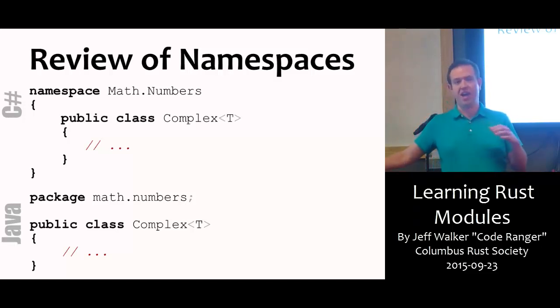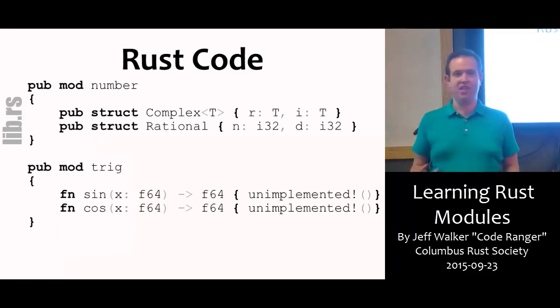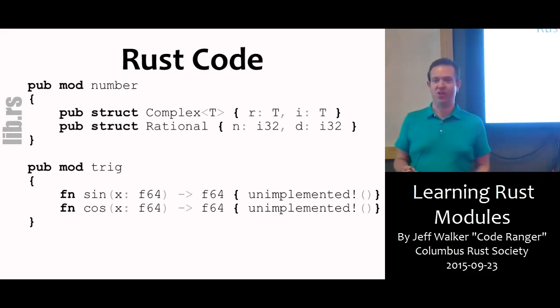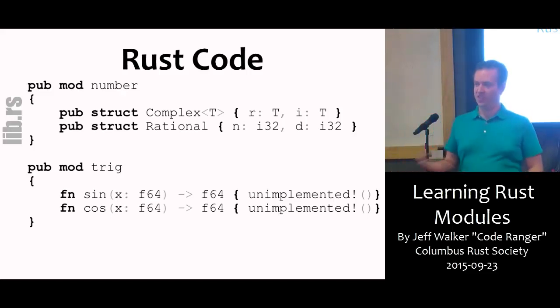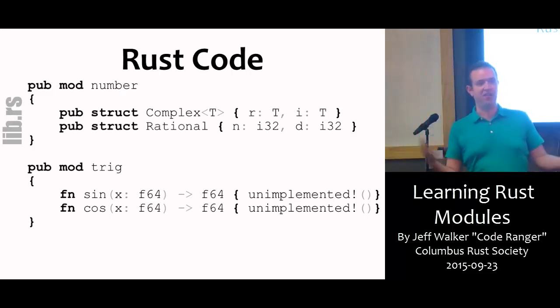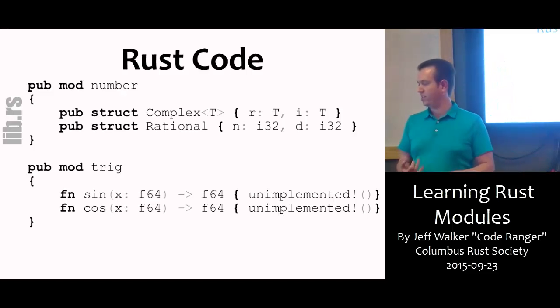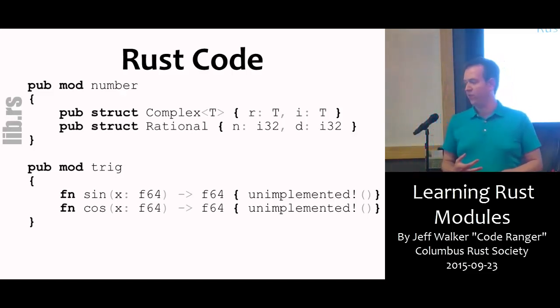So let's look at how modules work in Rust. We'll start with a pretty simple example. This is the example that you'll see if you ask, how do Rust modules work, right? They'll show you how they work when they're all in the same file. So we've got our lib.rs file, and we're writing a little math library here, we imagine. We've got some number types, a complex type and a rational type, and we've got some trig functions, sine and cosine.